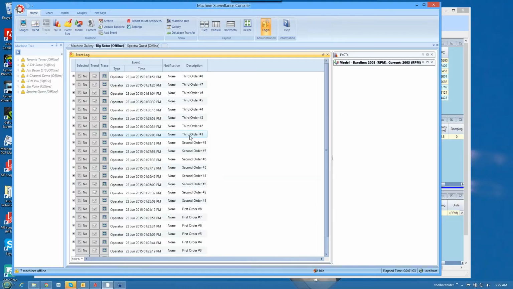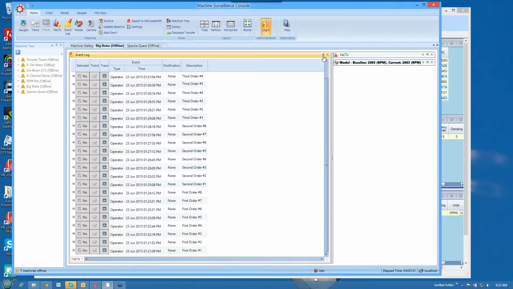Remember, number 8, I'm sorry, is the balanced case, and then 7 unbalances. And so here's the first order, second order, third order. Each of the cases have been identified from the data already in the database as a particular unbalanced case.